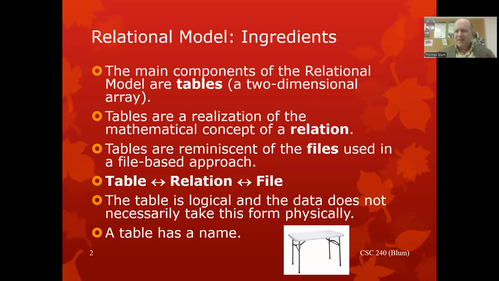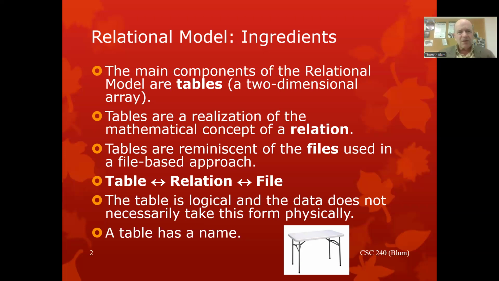So the idea is that of a relation, which is an idea in mathematics, but it often gets realized as a table, which is a two-dimensional array. There are similar things in mathematics, like a matrix, and we want to make a distinction of what specifically makes it a table.